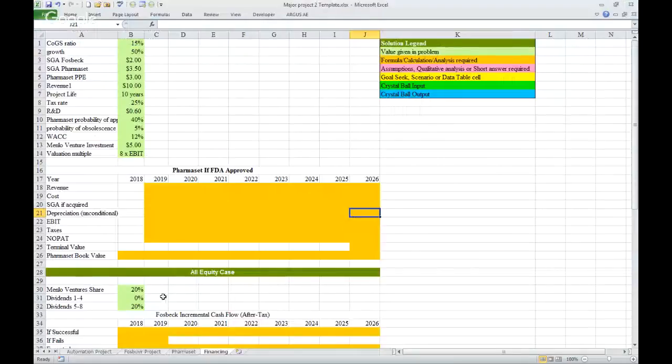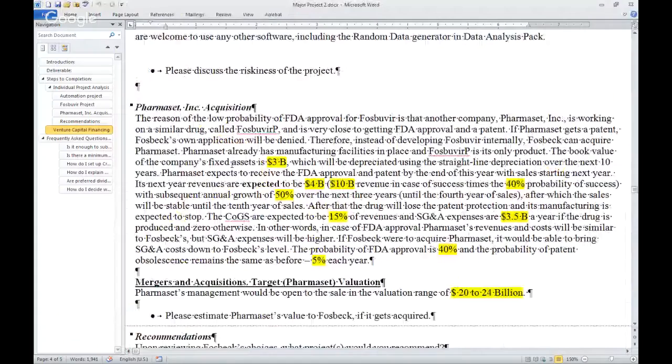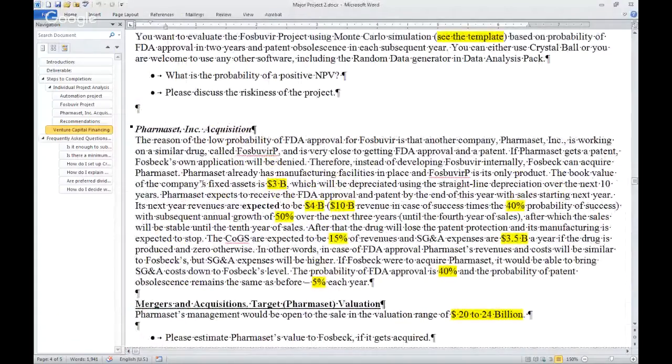Okay. So here, if the project is approved by FDA, and it is a pharmaceutical project, then based on the description again, we see that the revenues will start next year.